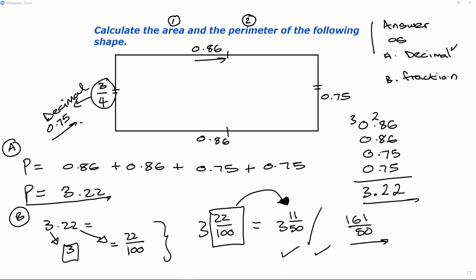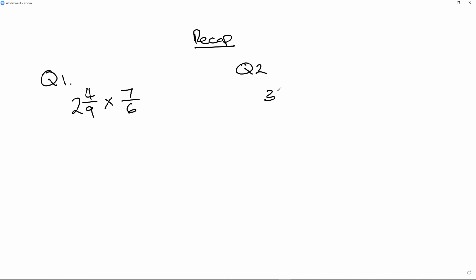Okay, we're going to do a quick multiplication and division of fractions recap. Try this question. The first question, I give you 2 and 4 over 9, and I want to multiply it by 7 over 6. In question 2, I got 3 and a quarter, and I want to divide it by 5 and 4/5.